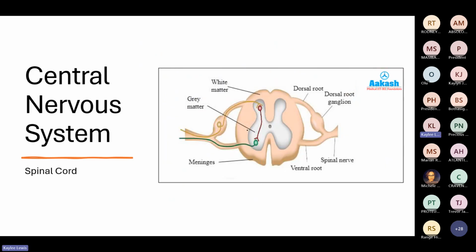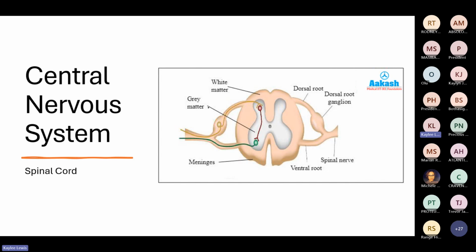Then if we look at the spinal cord, the spinal cord structure is quite important. So we obviously know that our neurons are going to our spinal cord, taking the impulse from the neurons to the spinal cord, and then the impulse will leave the spinal cord and go along other neurons. The neuron which has taken it to the spinal cord, to the central nervous system, would be your sensory neurons.